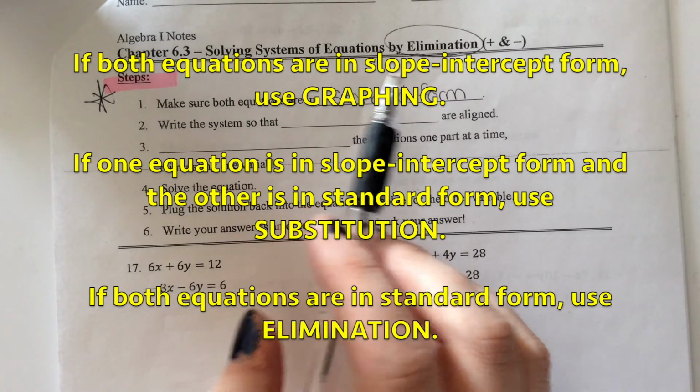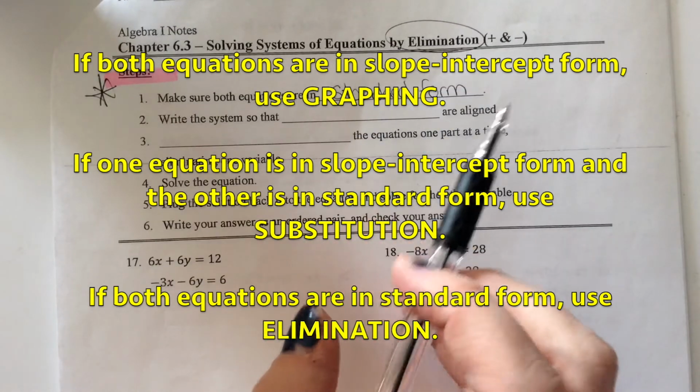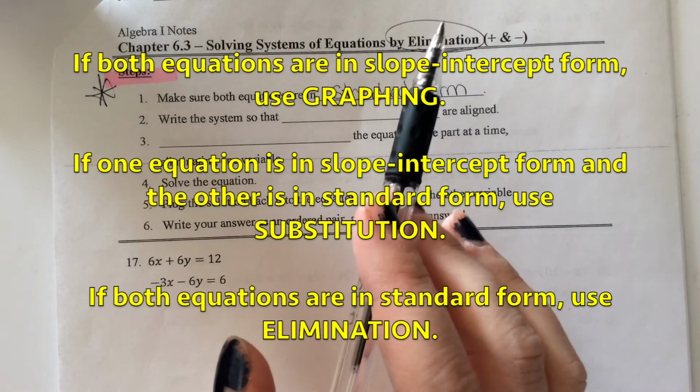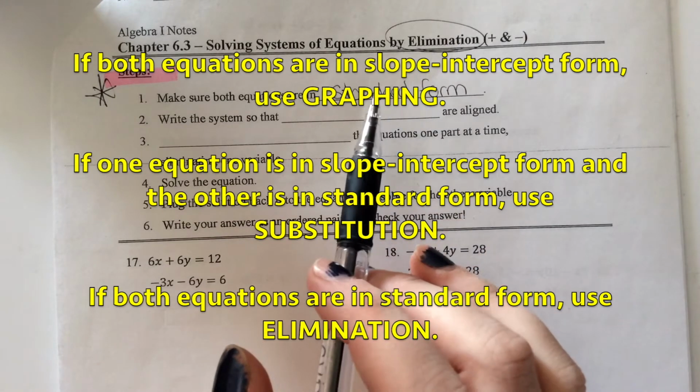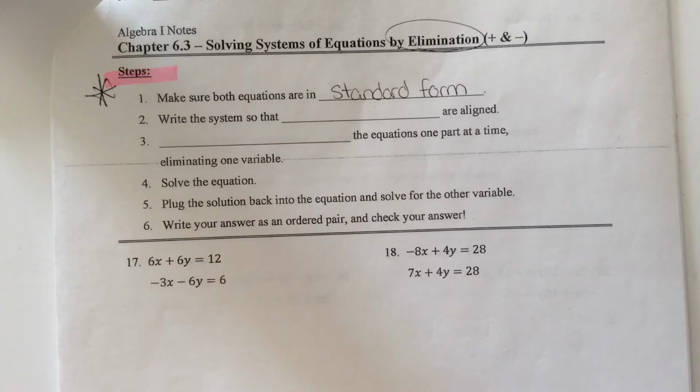Substitution is the easiest when one equation is in slope-intercept and one is in standard. And elimination tends to work the best when they're both in standard form. Okay, so you don't have to follow that criteria. You can use either of the 3 methods for any problem. It would just require a little bit of conversion from slope-intercept to standard or standard to slope-intercept.